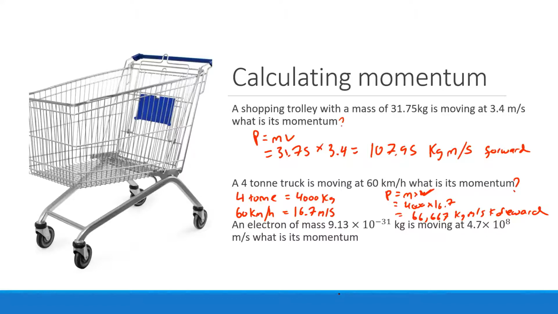And then this last one, an electron has a mass of 9.13 times 10 to the negative 31 kilograms. It's moving at 4.7 times 10 to the power of 8 meters per second. What is its momentum? P equals mv equals 9.13 times 10 to the power of negative 31 times 4.7 times 10 to the power of 8.